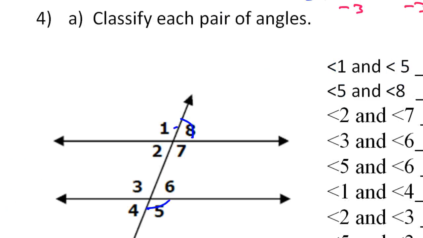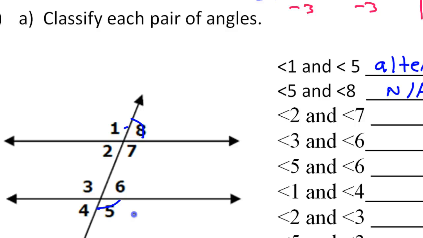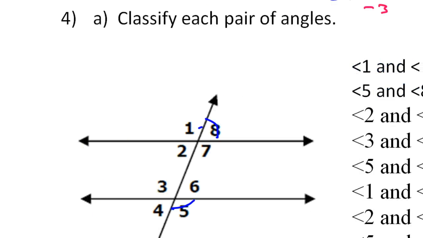2 and 7. I guess we could, just for fun, say 5 and 8 would be supplementary. So rather than just putting not applicable, I'll put supplementary. But they are not a special angle pair.